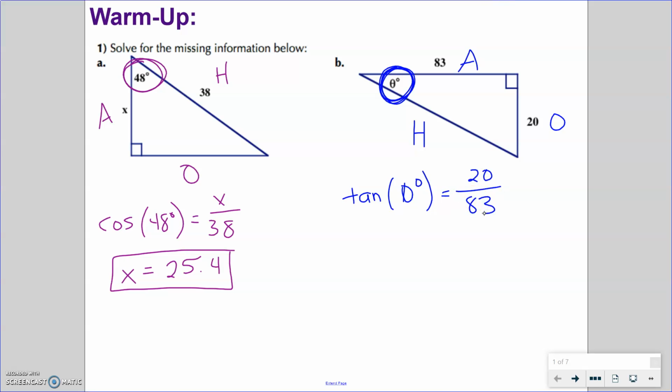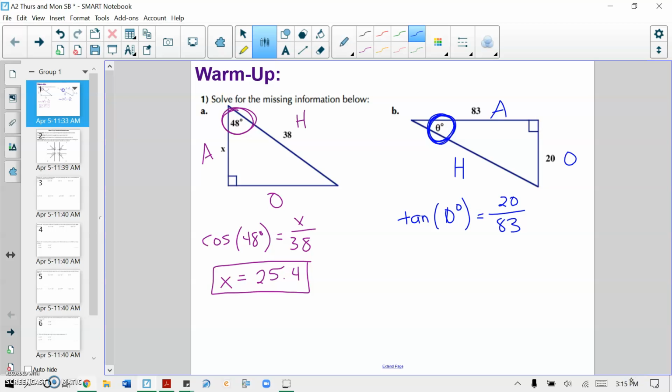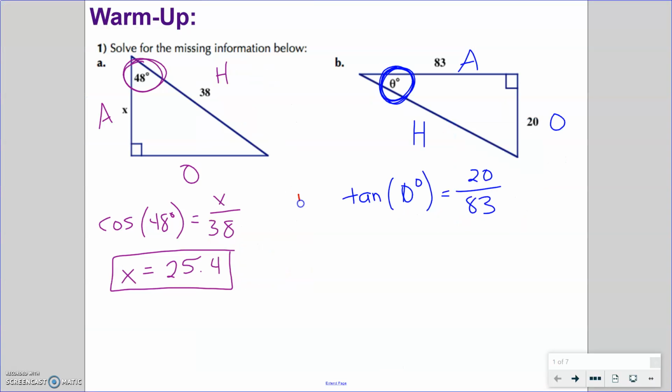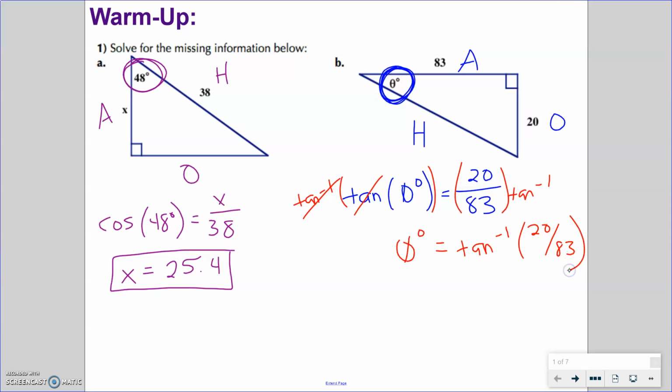In this case, I don't know what theta is, so this is that option we recently talked about where I'm going to do the inverse on both sides. So that goes away, and I just get theta degrees is equal to the inverse tangent of 20 over 83. Don't forget when you're typing this in your calculator, check to make sure you're in degrees, which I already was, so we're good.